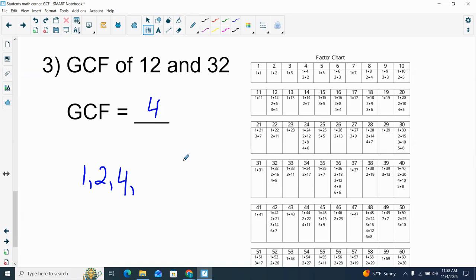Now, if you want to make extra sure, you can always circle the numbers that they have in common. And then that way you can be sure that you're getting all the numbers. But sometimes, especially if you've got a pen or a pencil, it can get really crowded. So the best practice is to write out the numbers that they share.